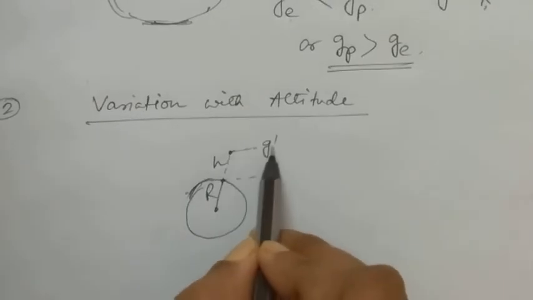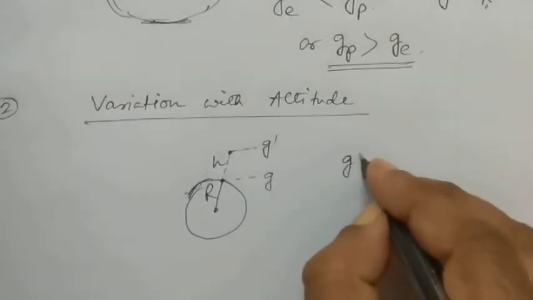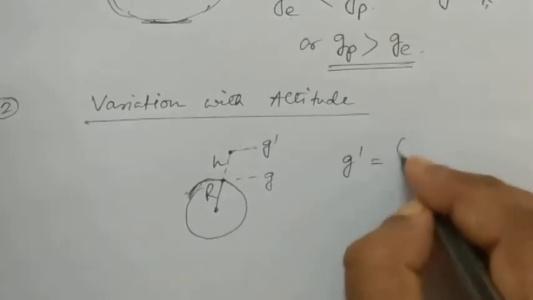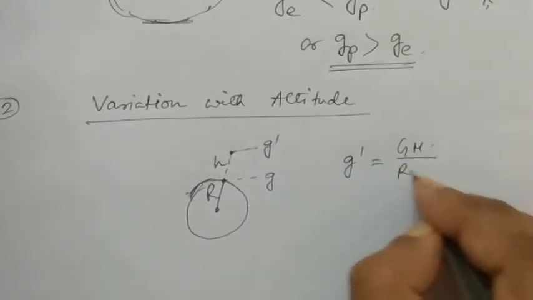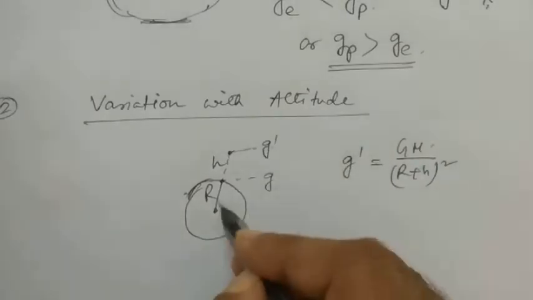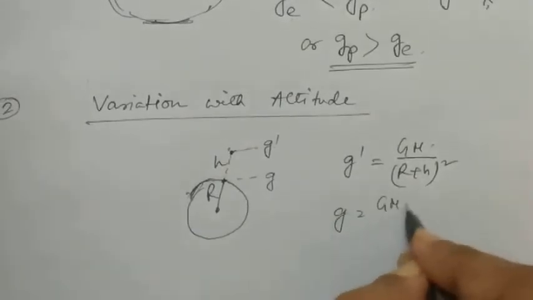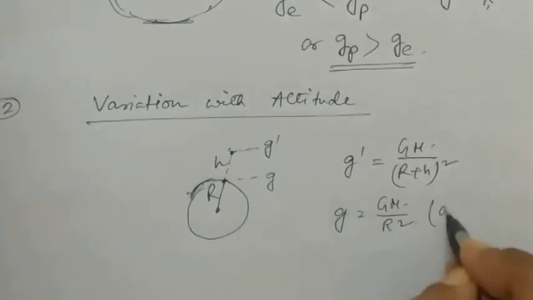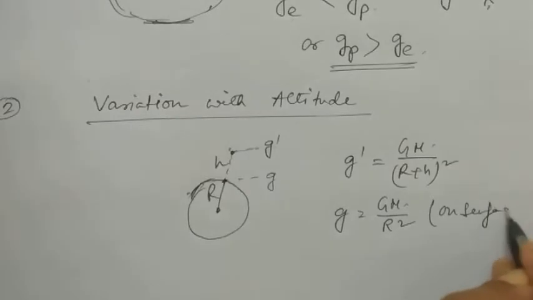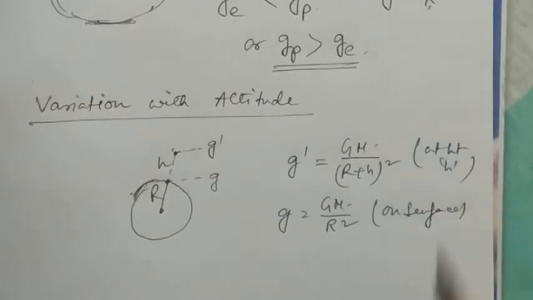We take it to be g dash. Now g dash is equal to GM by R plus h whole square. We already know that g is equal to GM by R square on the surface.